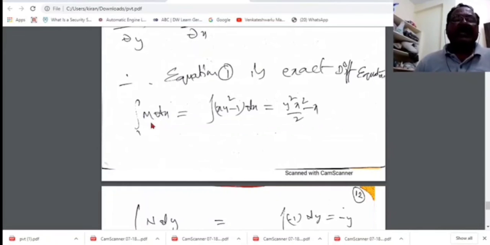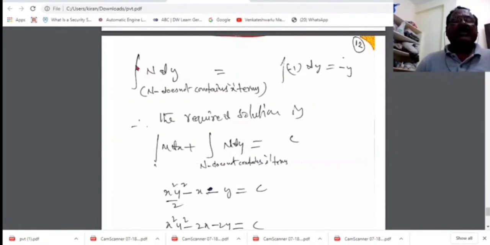Here take x as the only variable, other terms are constant. The integration of M dx is the integral of (xy² minus 1) dx. Here y² is constant, the integration of x is x²/2, and the integration of 1 is x.